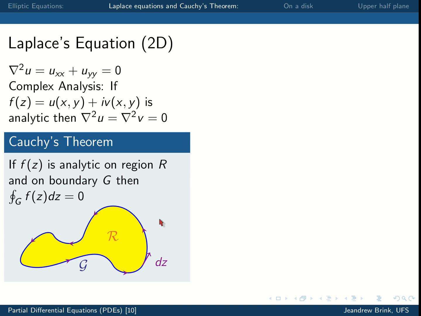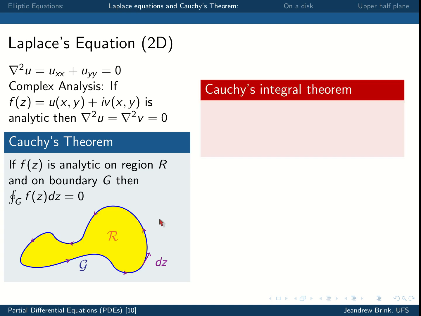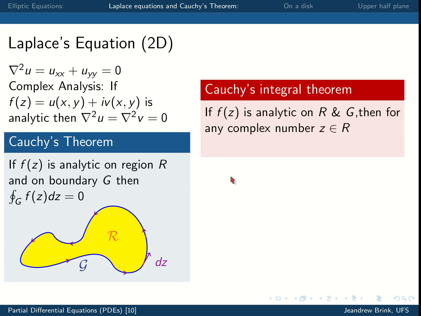There's an additional theorem, Cauchy's integral theorem, that has to do with poles in a region, and what it says is the following. Suppose f(z) is analytic on both the region R and the boundary, then for any complex number z in R, the following is true.